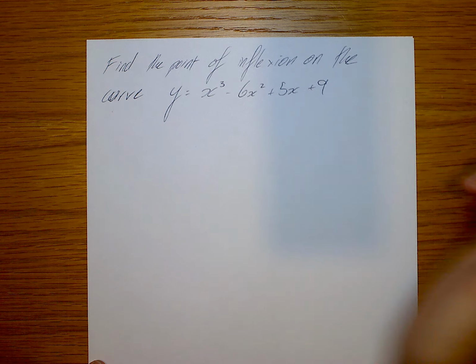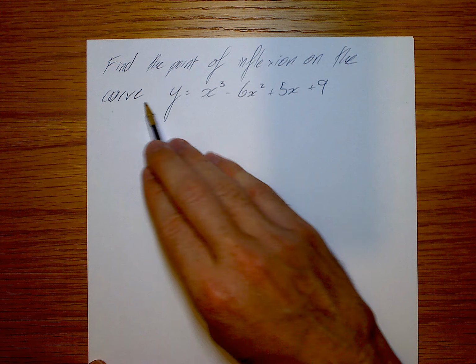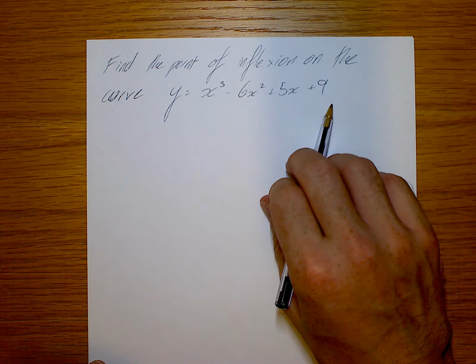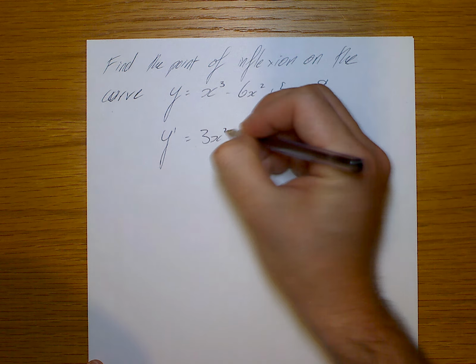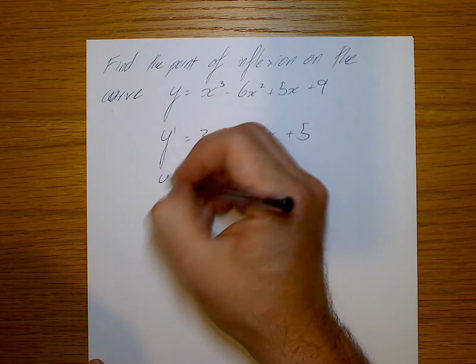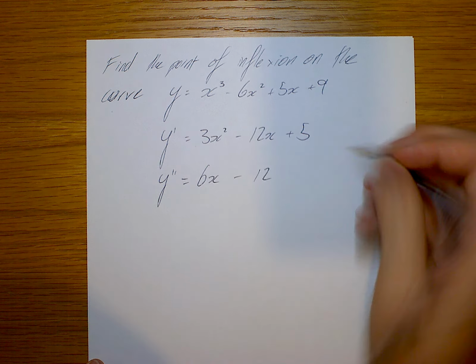Quickly, going to make this quick. Find the point of inflection on this curve. Okay, so there's a point of inflection, we've got to find it. So let's differentiate twice: 3x squared minus 12x plus 5. Let's do double dash: 6x minus 12.